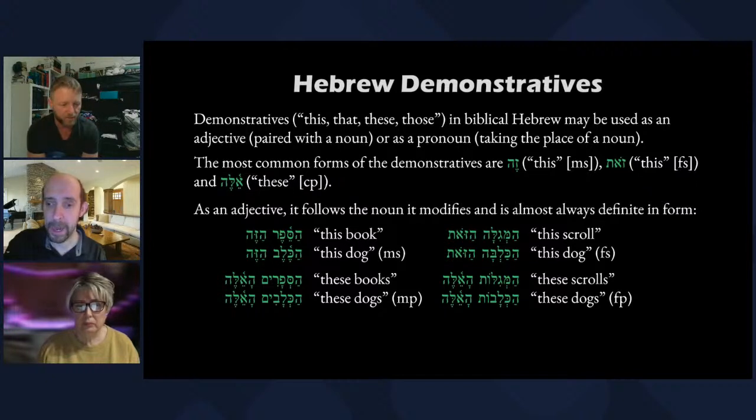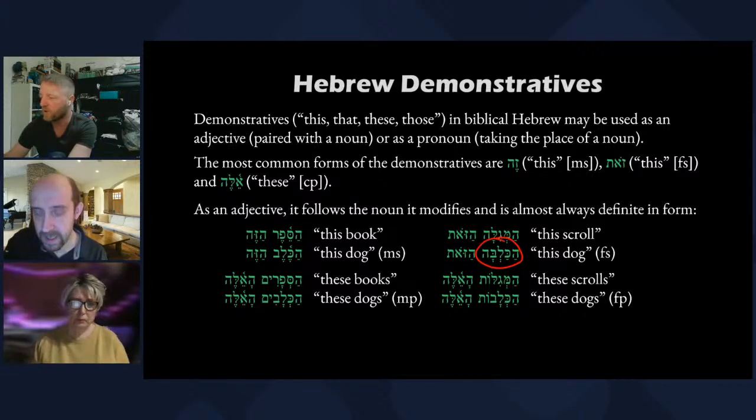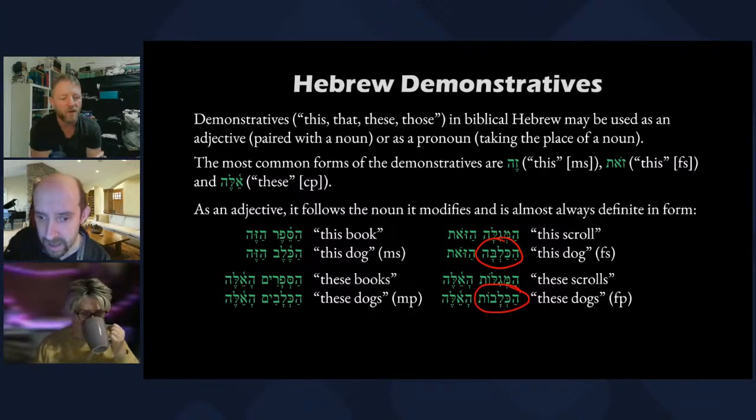And in the feminine, haklavot ha'ele, even though Israelis will all be wrong and say kalbot. Kalba is feminine, dog, and Israelis will say kalbot, hakalbot ha'ele, but that's wrong. We want to make sure and be correct and say haklavot.